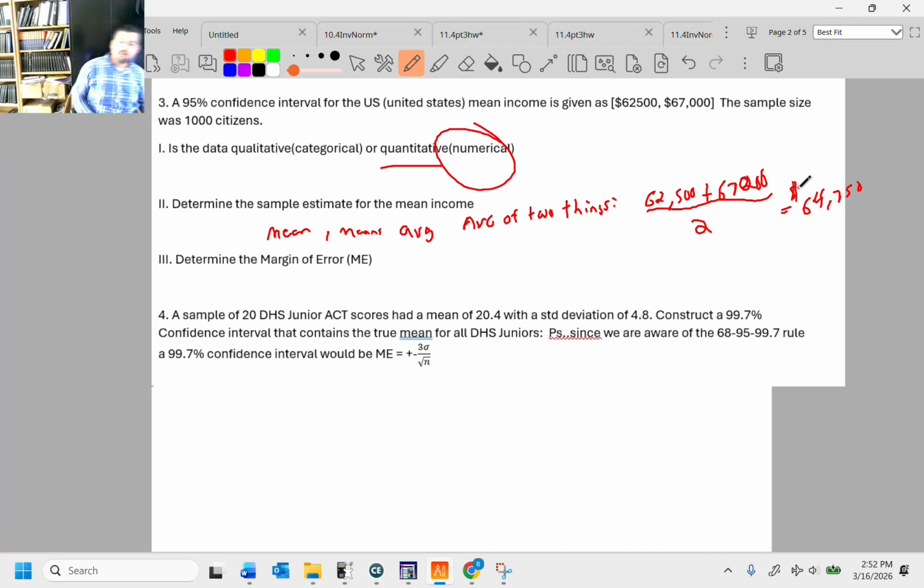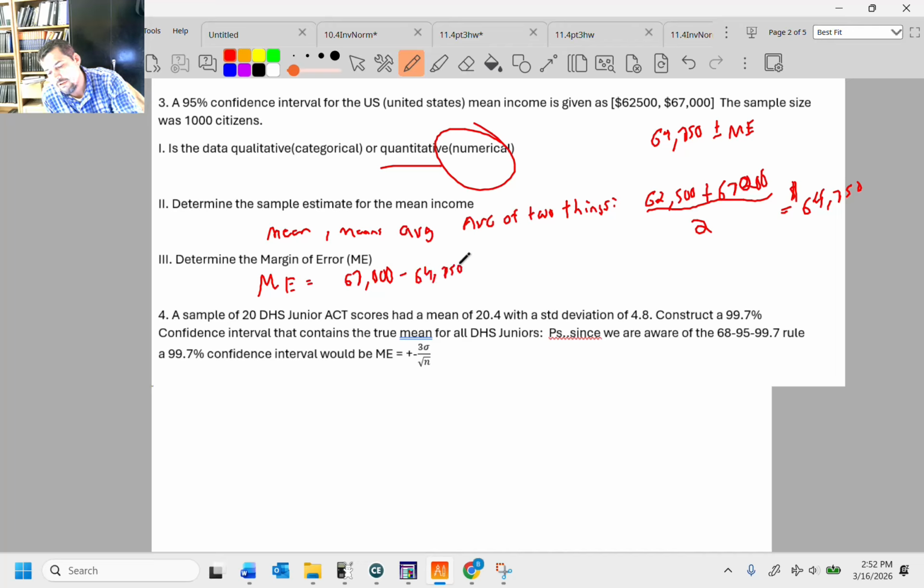Determine the margin of error. The margin of error is really, really easy to find. It's not a formula on this one. To form this, we took 64,750 and we added or subtracted the margin of error. That's all we did. We added or subtracted something. So the margin of error is nothing more than taking one of these numbers and taking away the middle, 64,750.